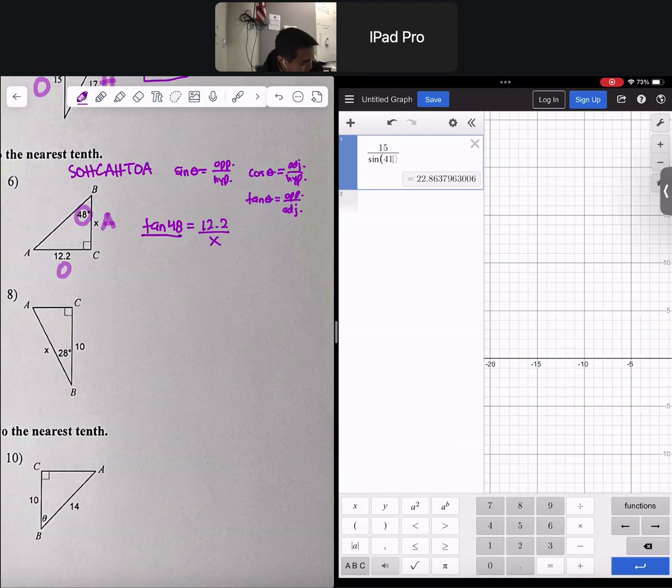Put this over 1, and then you cross multiply. X tan 48 equals 12.2 times 1, which is 12.2. And then to solve for x, we divide both sides by tan 48. Cancels.